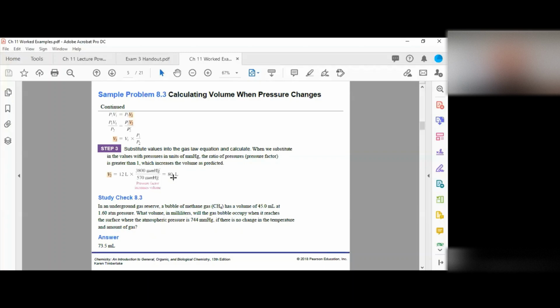Because if you don't have that decimal point, that means you're accepting the answer to be 1 sig fig, which is not correct. So this is a question that could be asked where you will need Boyle's law to actually be used to plug in the data that's given to you in the question.